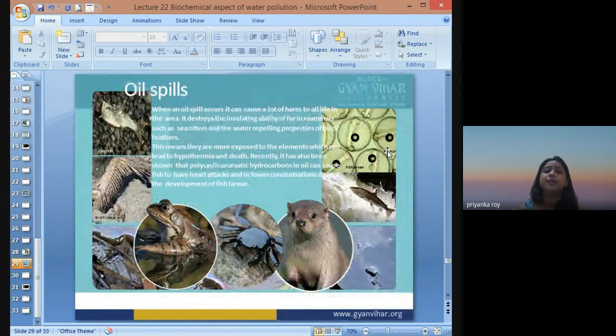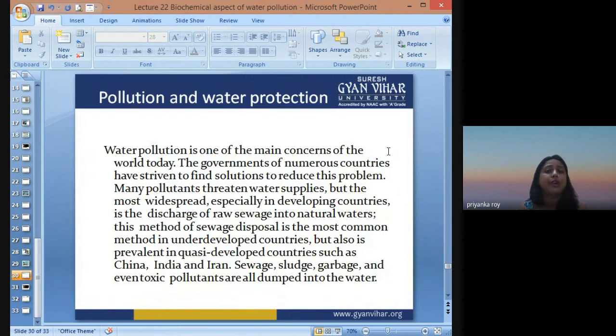Then oil spills, which we have talked about; the sources are basically oil containers and oil refineries in mid-ocean. Pollution is one of the main concerns of the world's governments, and a number of countries have striven to find solutions to reduce water pollution.